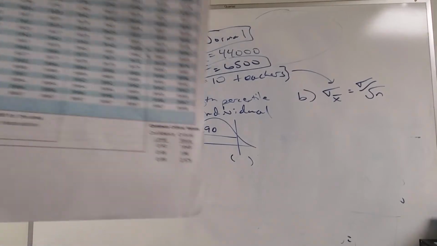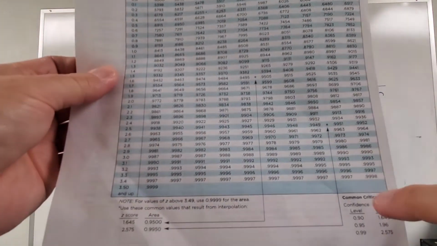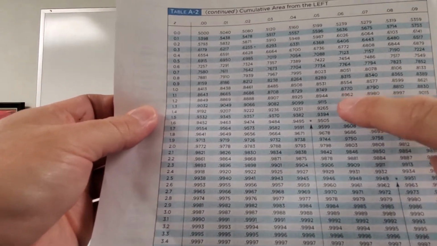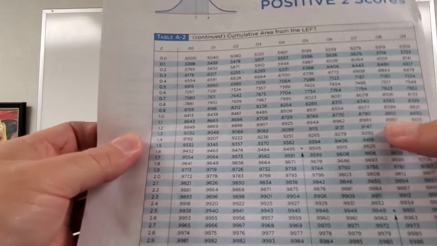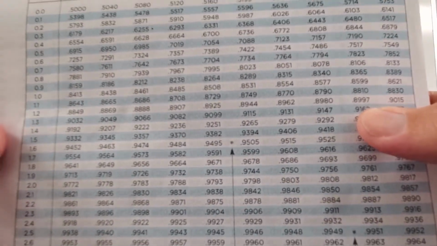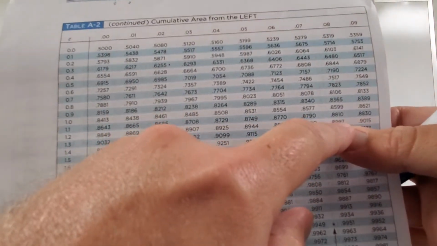Sorry, I cause little earthquakes as I move around. I know it's a positive z-score. The closest I can get to 0.90 is there, pretty close, 0.8997.